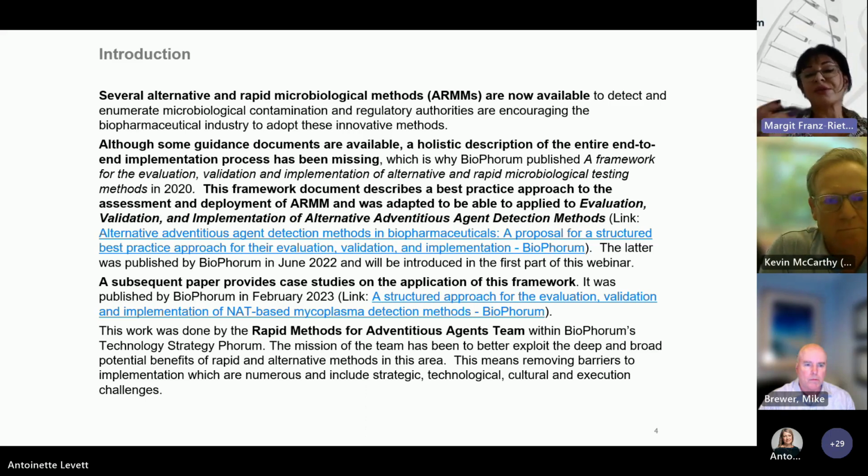And this framework was then adapted by the Rapid Methods for Adventitious Agents teams and published in June 2022, and a subsequent paper with case studies was then published in February this year. And this is what this webinar is about.